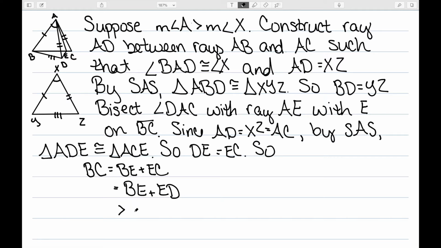And that needs to be greater than the distance from B to D by the triangle inequality. But we also know the distance from B to D is equal to the distance from Y to Z, once again by congruent triangles. So now I have that BC is greater than YZ, which is exactly what we needed. The third side of this triangle has to be bigger than the third side of this one, since angle A was larger than angle X.